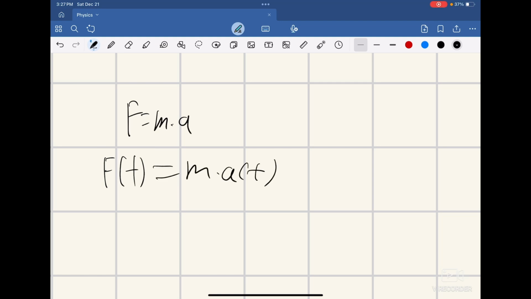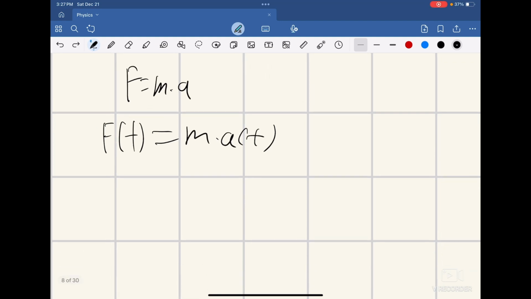The reason a is the one with the variable is because m is a constant value, and a is already known to be dependent on time, right? So what we can do is just F(t) divided by m is equal to a(t), and that gives us the acceleration formula.